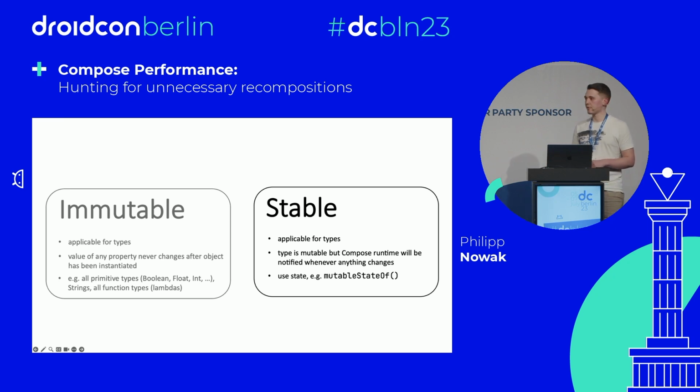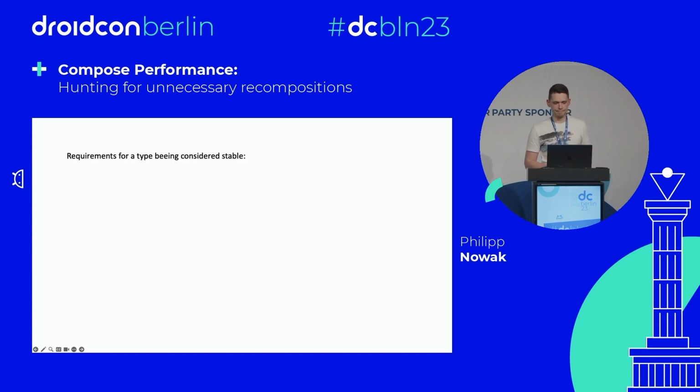If a type isn't stable, it will be marked as unstable in the classes text file of the reports, and unstable input parameters for composable functions can cause unnecessary recompositions, as you will see soon. Before we go back into our code, let's quickly have a look at the rules for some type being stable.